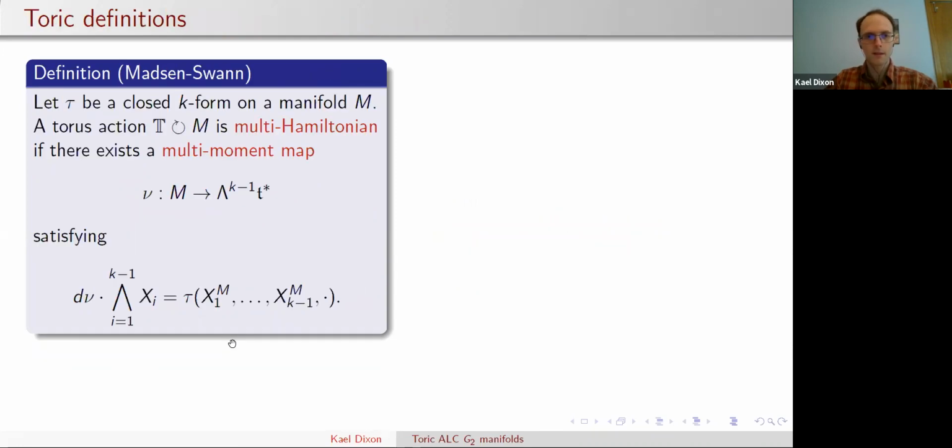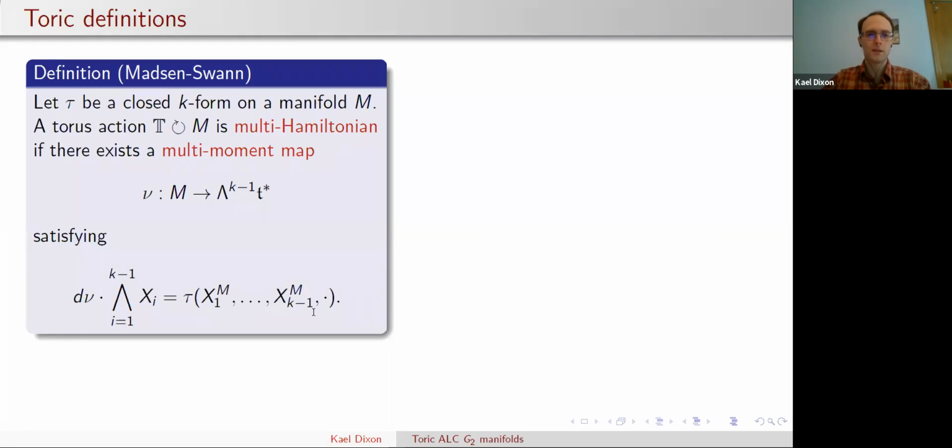Okay, so first we have to define these things. This comes from Madsen and Swann, and it's a natural generalization of the idea of moment map to higher degree forms. So here we have a closed k-form tau, and a torus action on the manifold. This torus action can be used to generate these symmetry vector fields. And the idea is to plug in enough of these into your form until you get a one-form.